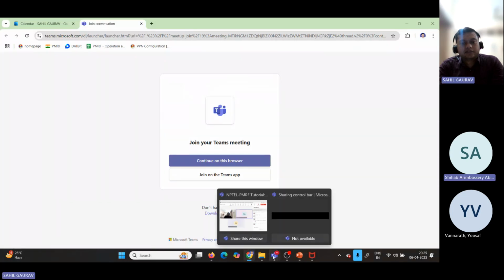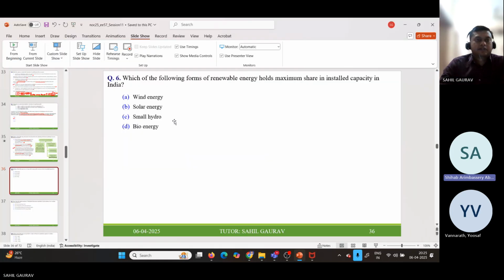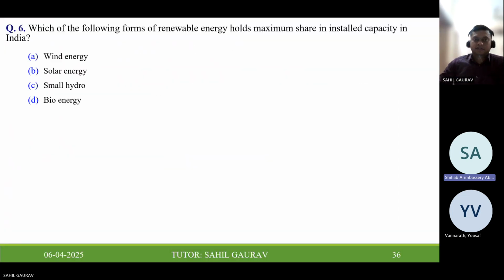But I think India is second in Asia in wind energy, so we have to go to statistics. You can Google it. But you mark now, it is wrong. Oh, sorry. Solar energy is correct.